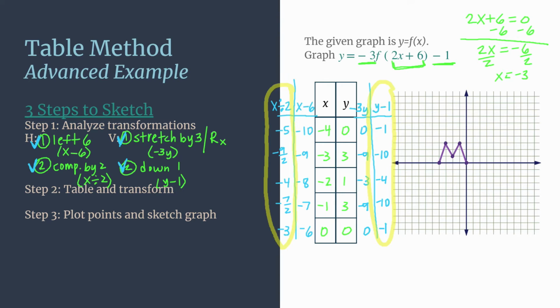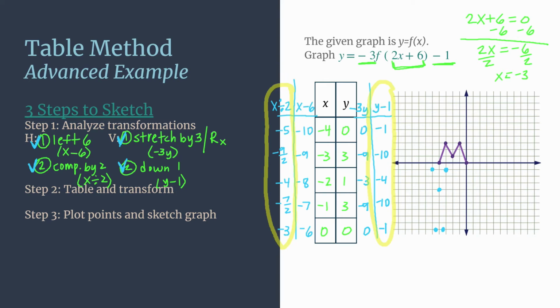All right, so we'll plot negative 5, negative 1. We'll plot negative 9 halves, or negative 4 and a half, negative 10, our third point, negative 4, negative 4, our fourth, negative 7 halves, negative 10, and our final point, negative 3, negative 1.